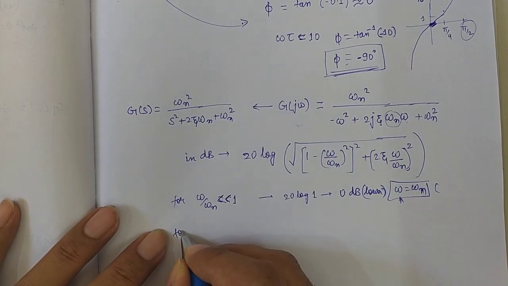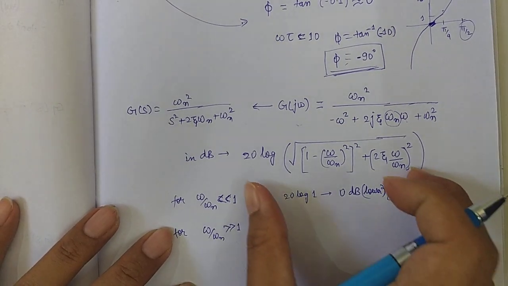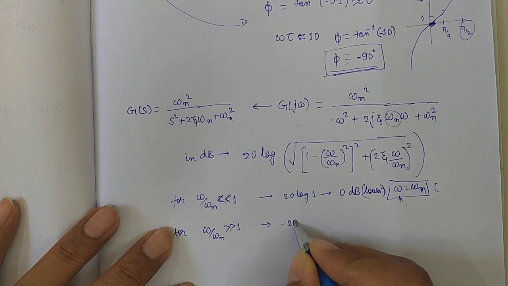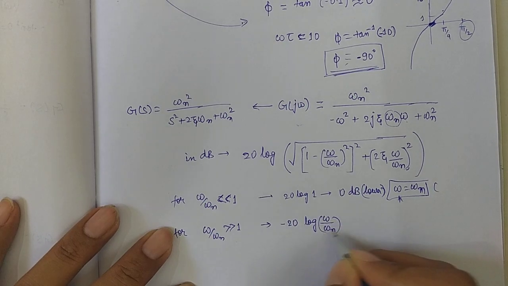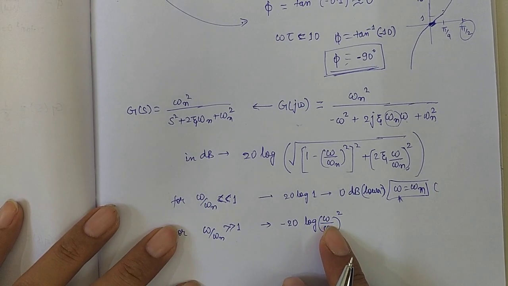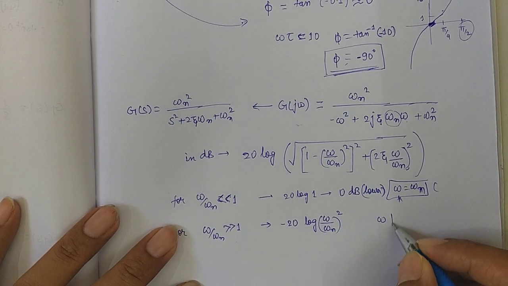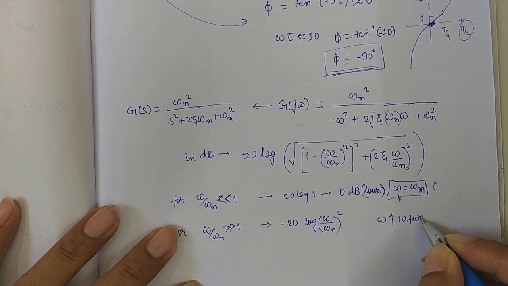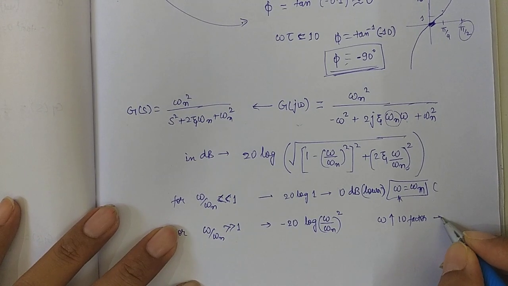Now for omega by omega n greater than 1, this thing tends to this value. If you do the calculations properly, you will get log of omega by omega n whole square. So what we see, whenever this omega increases by a factor of 10, this log of 100 is 2, so it is multiplied by 2, so your gain will be minus 40 dB, right?